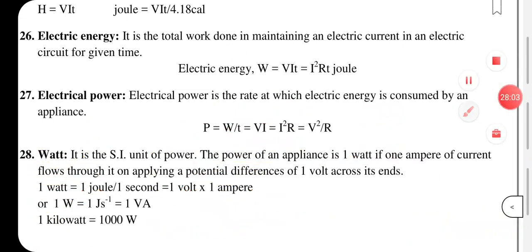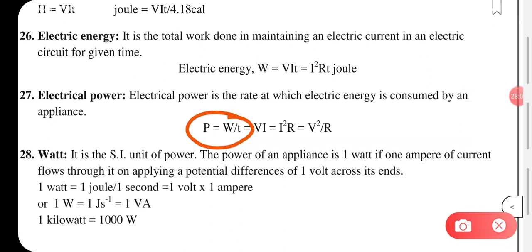Power is actually the work done per unit time, or the rate at which electric energy is being consumed. When electric energy is being consumed, work is being done, correct. So how will we find the formula for this? Work done is nothing but the amount of heat which is being produced.